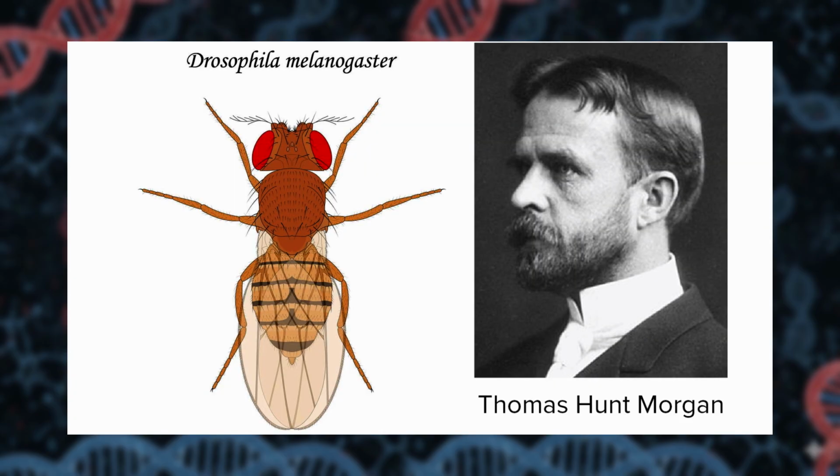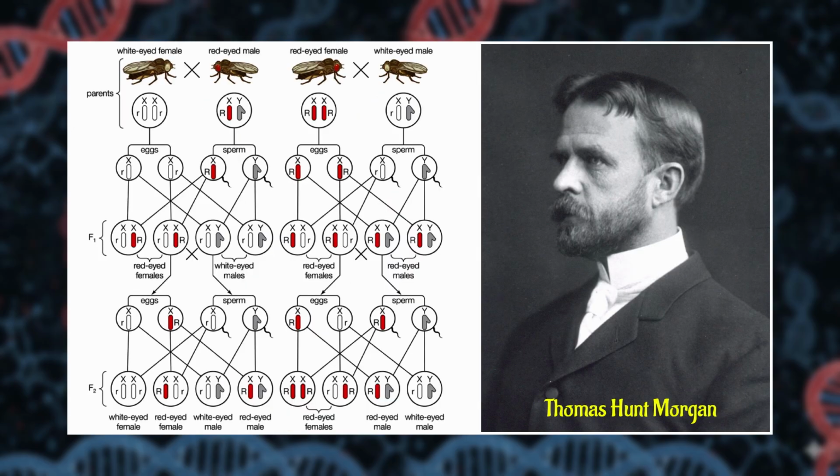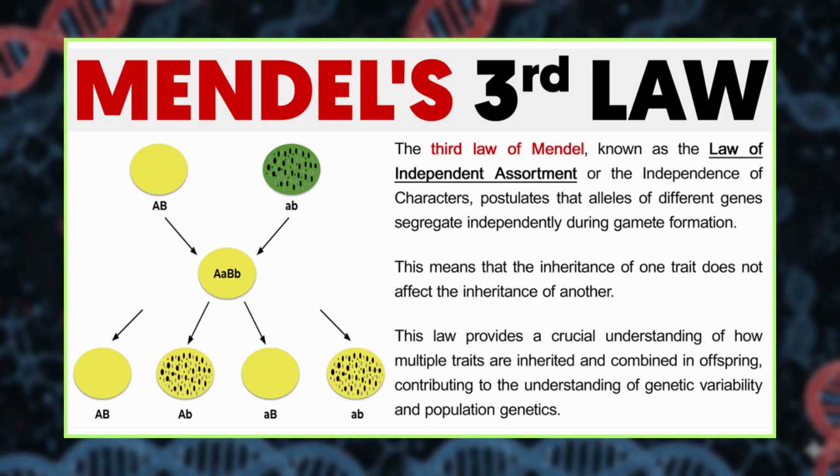Morgan's experiments with Drosophila melanogaster showed that genes are arranged linearly on chromosomes and may be inherited together due to linkage. However, recombination occurs through crossing over, explaining deviations from Mendel's law of independent assortment.